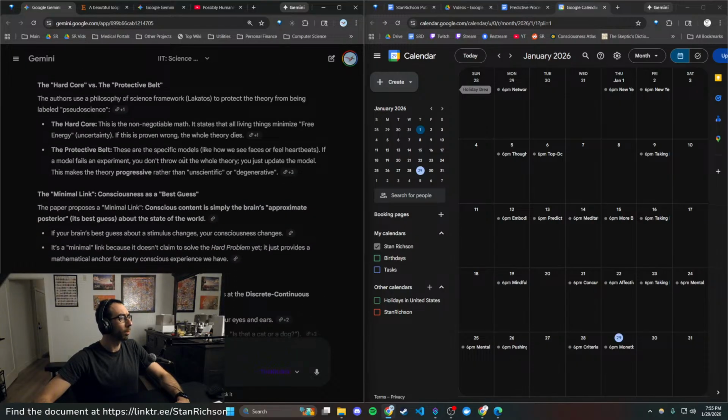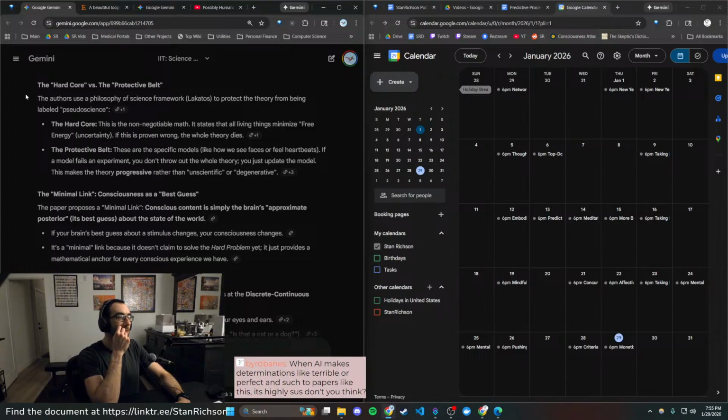The hard core versus the protective belt. The authors use, okay, yeah, this is exactly what we were just getting at, Lakatos. The authors use a philosophy of science framework to protect the theory from being labeled pseudoscience. This is the hard core. This is the non-negotiable math. It states that all living things minimize free energy, uncertainty.